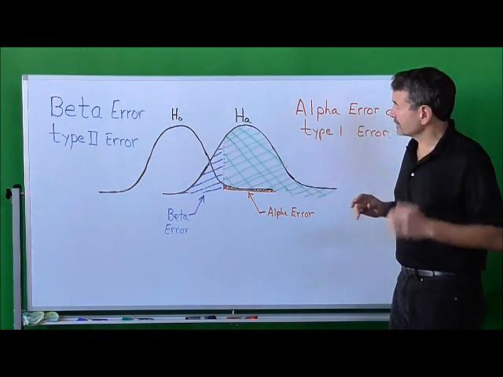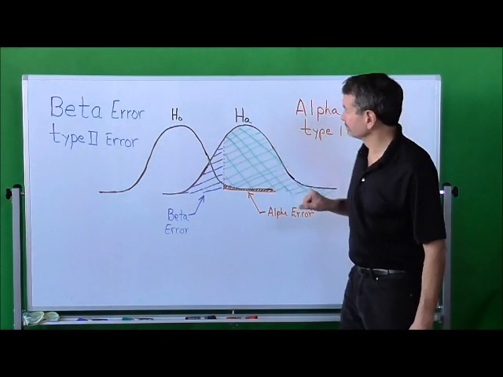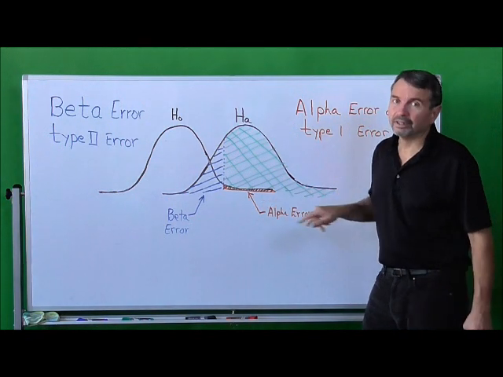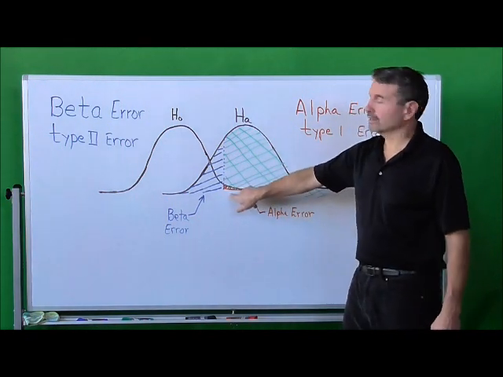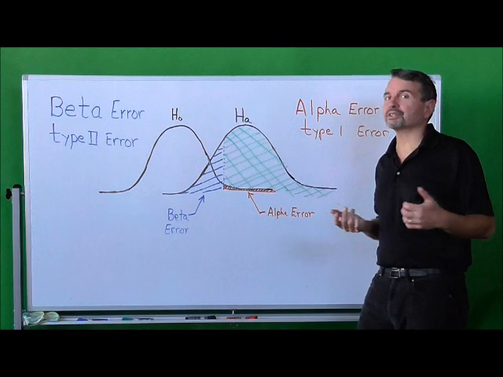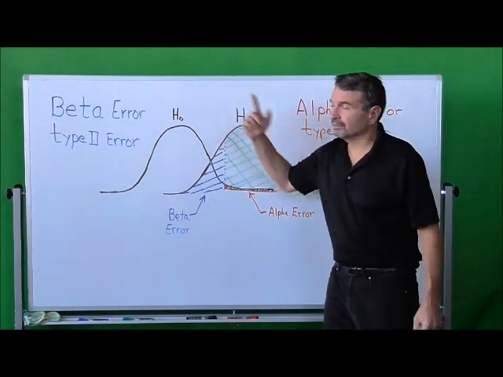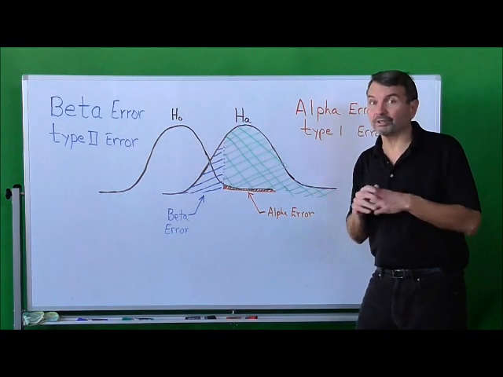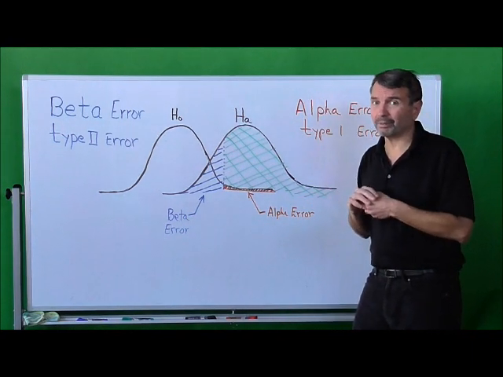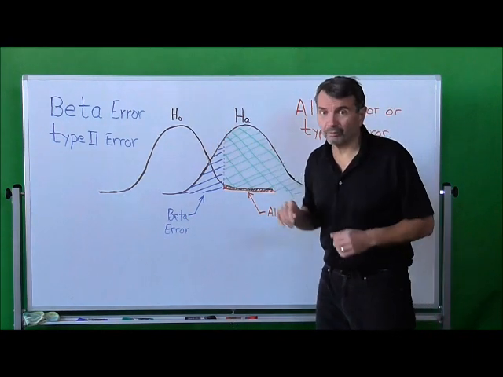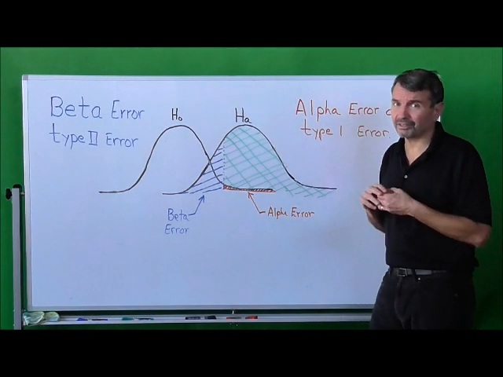Now, one other box associated, so let's back up and review that. We have the alpha error, and the alpha error is typically 5% or 1% or 0.5% depending upon the process. That's the error that I went ahead and said that there was a difference when we put the new raw material on, but whoops, when in fact it really didn't make any difference.